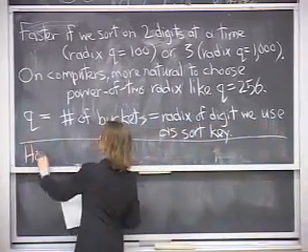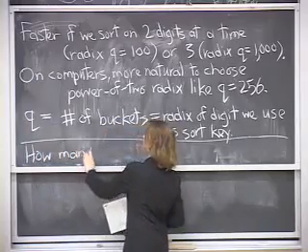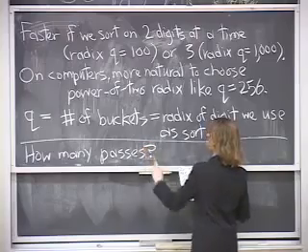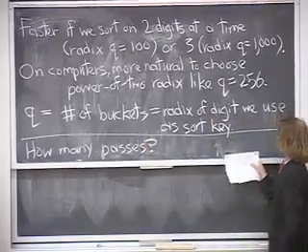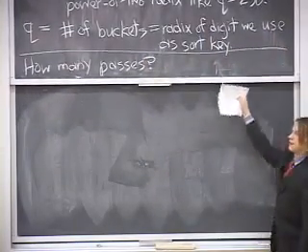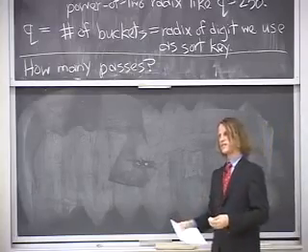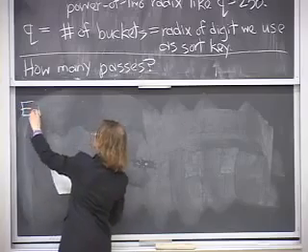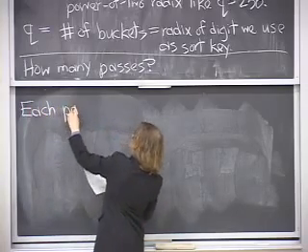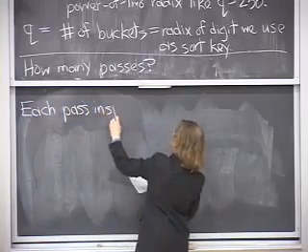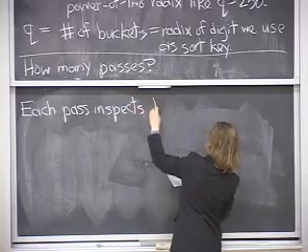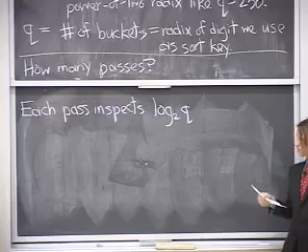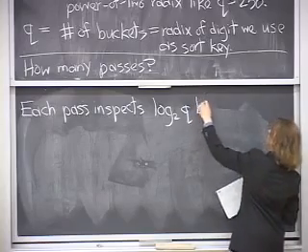The question now is, how many times do we have to do counting sort or bucket sort? Well, if you choose Q Qs, and it's a power of 2, then even if it's not a power of 2, well, that's less intuitive, each pass inspects the base 2 logarithm of Q bits of each key.